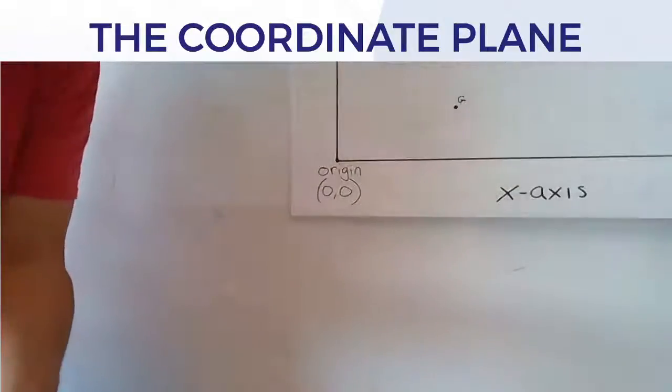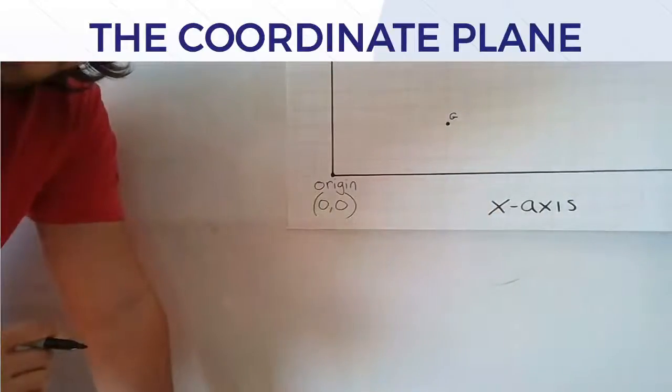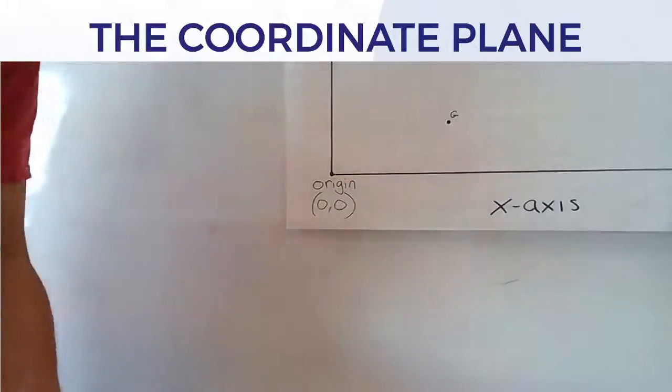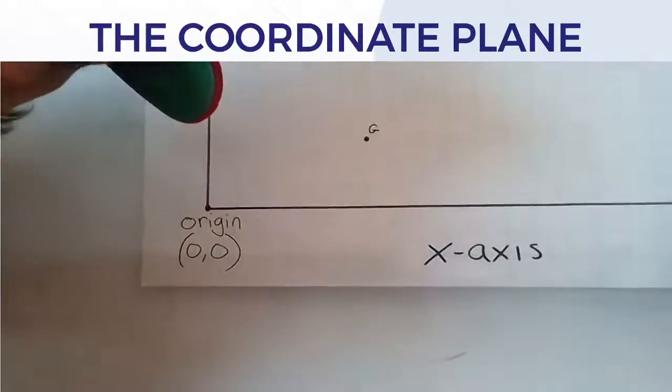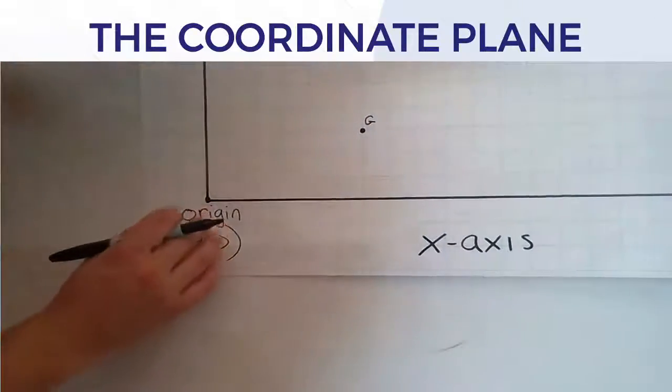If we're imagining that this point G is the grocery store, and we need to know how many blocks, how far we need to travel to get to the grocery store, this is where we can use our coordinates.